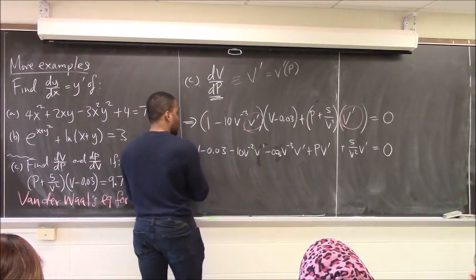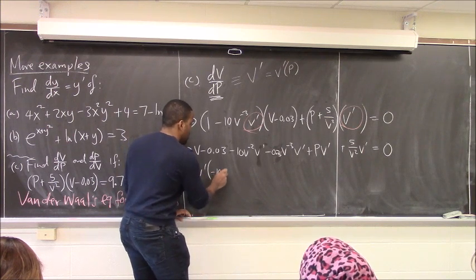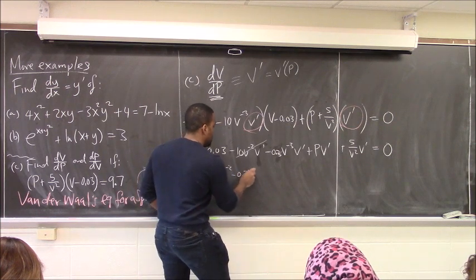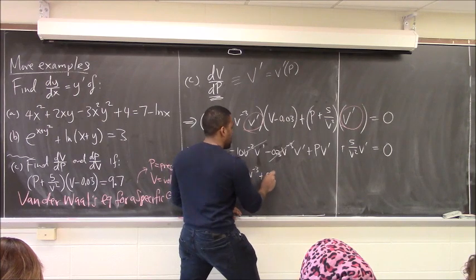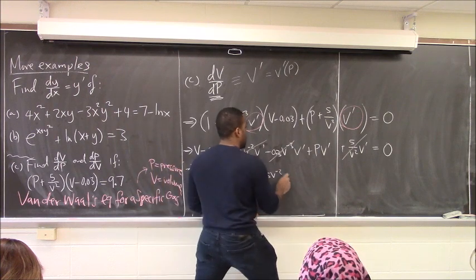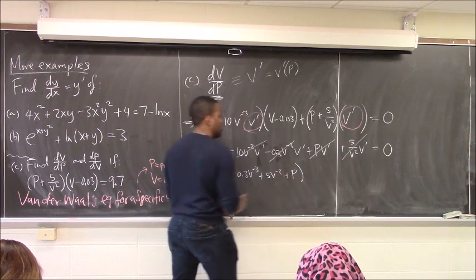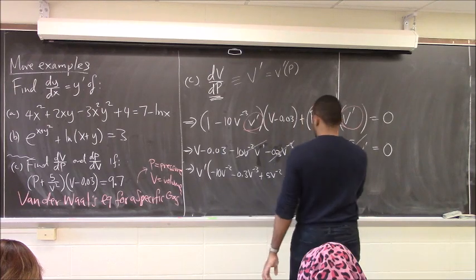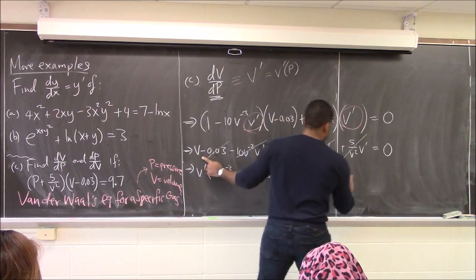So then, again, I'm going to isolate the v primes. It's minus 10v to the minus 2, minus 0.3v to the minus 3, plus 5v to the minus 2, plus p. All of that. Then I'll bring everyone else to the other side. 0.03 minus v.